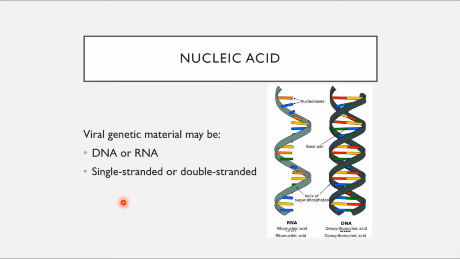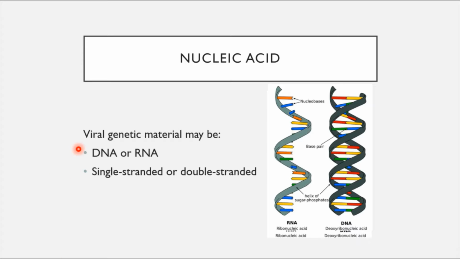We previously learned that RNA tends to be single-stranded and DNA double-stranded in cellular organisms, but in viruses, you can have single-stranded DNA or you can have double-stranded RNA. There's any possible combination of the two different types of nucleic acids with the two different varieties of strandedness. So this is another thing that makes them different.